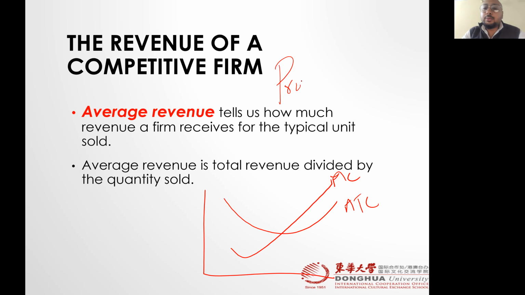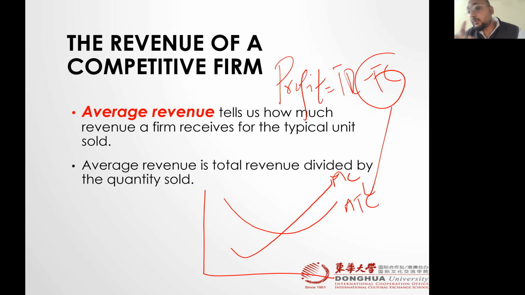So what is the formula for profit? Profit is equal to total revenue minus total cost. Cost we have discussed, and we want to minimize it. Where do we need to produce? At efficient scale. So the minimum part of the U-shaped curve is efficient scale.